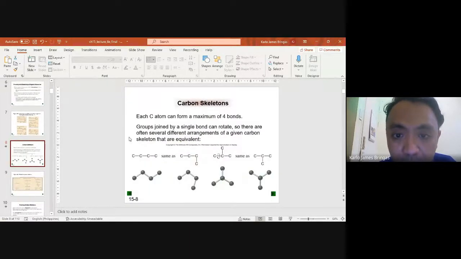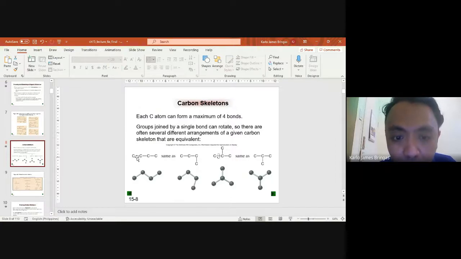So the carbon skeleton is made up of carbons that are bonded together like this. So in that carbon skeleton, the groups are joined by a single bond that can rotate, so that there are often several different arrangements of a given carbon skeleton that are equivalent.